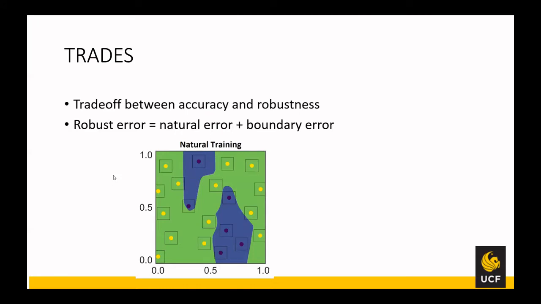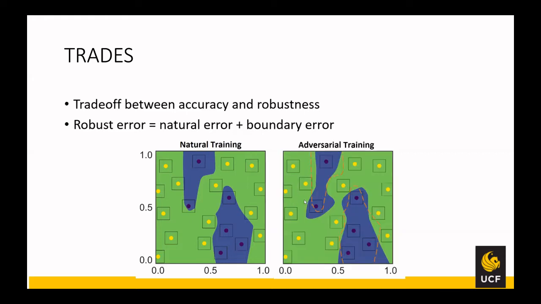So TRADES minimizes both the natural error and the boundary error during adversarial training. In this image, we see the class boundary after training on natural images. The yellow and the black dots are training samples, and the black box around the samples is the L-infinity box. We can see this class boundary passes through the L-infinity box here, so this training sample has a higher boundary error.